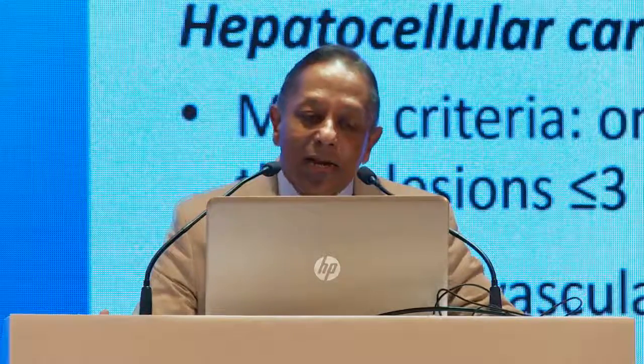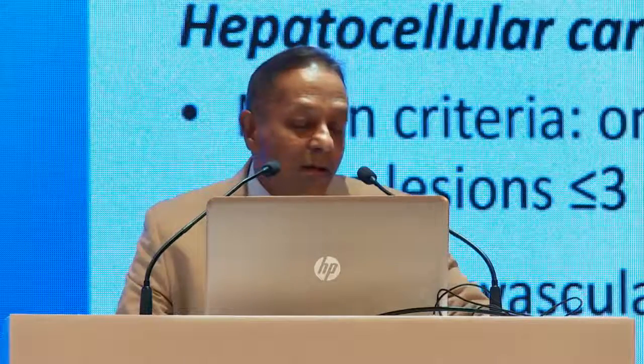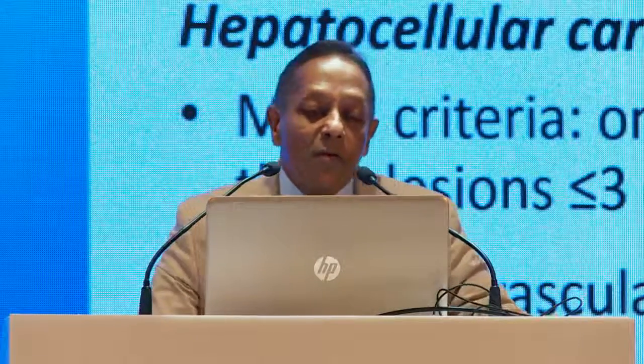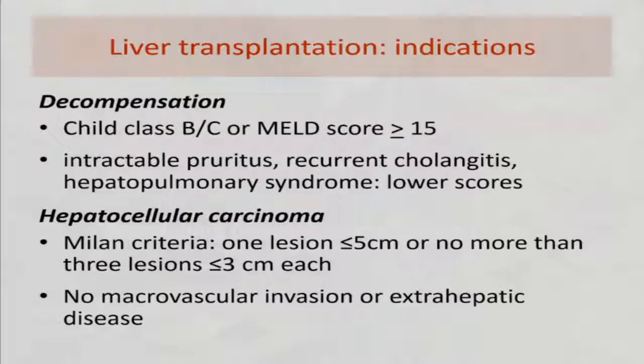One is decompensation, Child class B or C, or a MELD score equal to or more than 15. And these scores can be a little lower for some specific complications of advanced cirrhosis, though they are rare, like intractable pruritus, recurrent cholangitis, or hepatopulmonary syndrome.